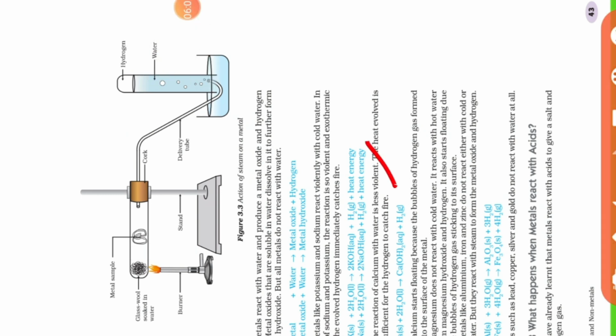After that, calcium starts floating over the water also, because the bubbles of hydrogen gas produced stick to the surface of the metal. In the same way calcium will float over the water. Magnesium does not react with cold water, it only reacts with hot water to form magnesium hydroxide and hydrogen gas.